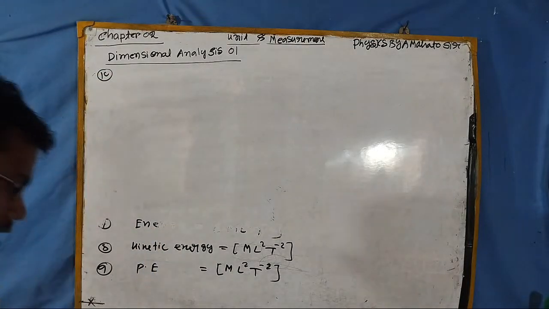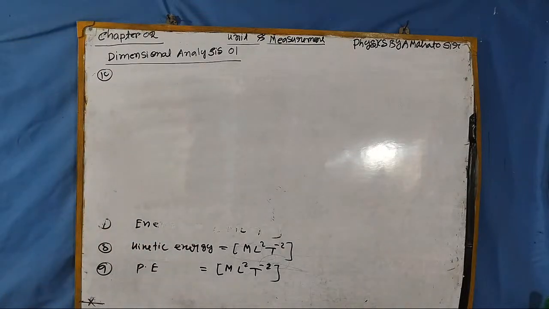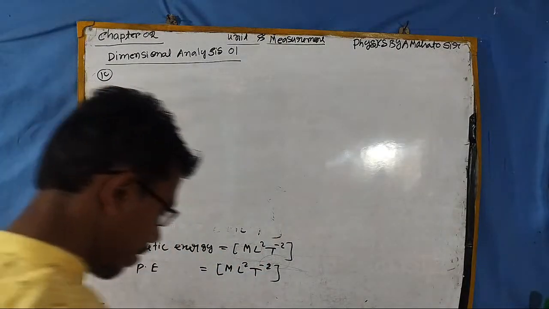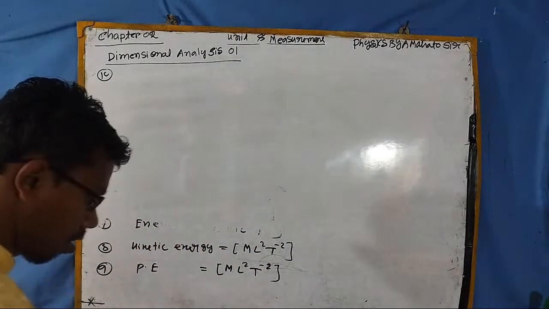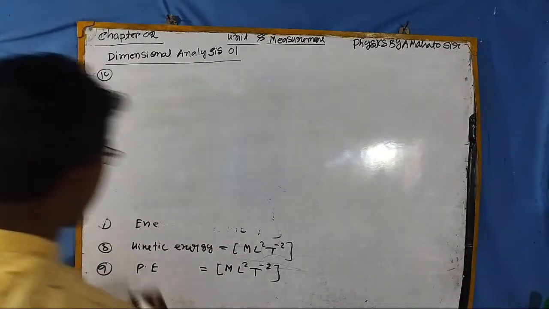Then 9, then 10. Now find the dimension formula here. Surface tension.